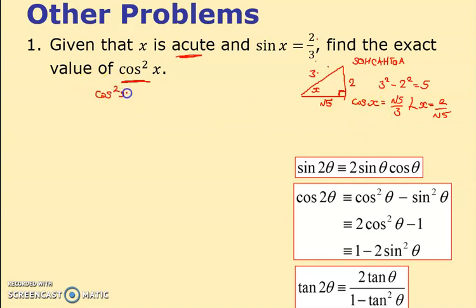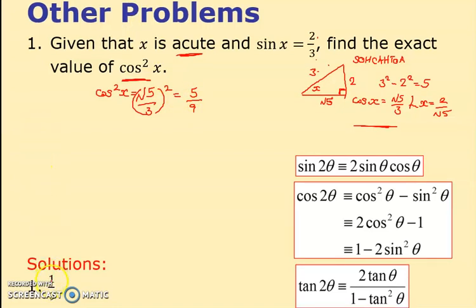Cos squared x is simply, because I've got cos x, root 5 over 3 squared. So that becomes 5 ninths. Let's see if that's the right answer. Oh, I got 1 ninth there. Well, straight away, I've just checked it on my calculator. That should say 5 ninths. I've done it a different way to prove it. So yeah, 5 ninths is right.